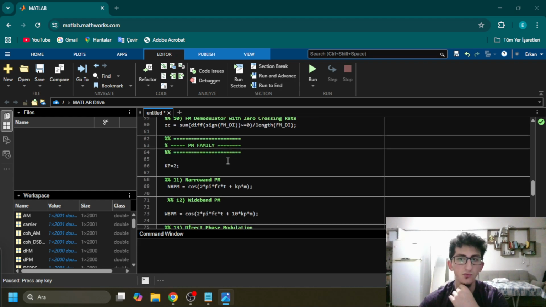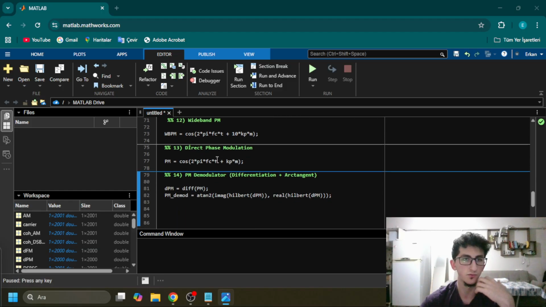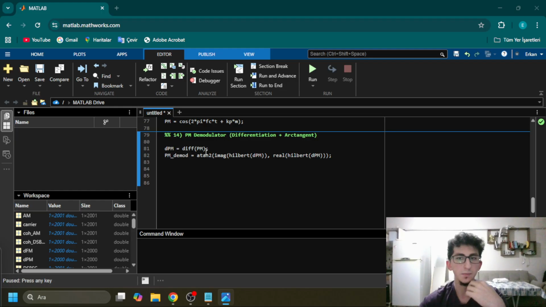Yeah, NBFM, wideband FM and FM demodulated signal, and the fourth one is NBPM, again wideband PM. The last one is FM, and this one is PM, and PM demodulated signal. Each figure visually demonstrates modulation and demodulation in both time and frequency domains.